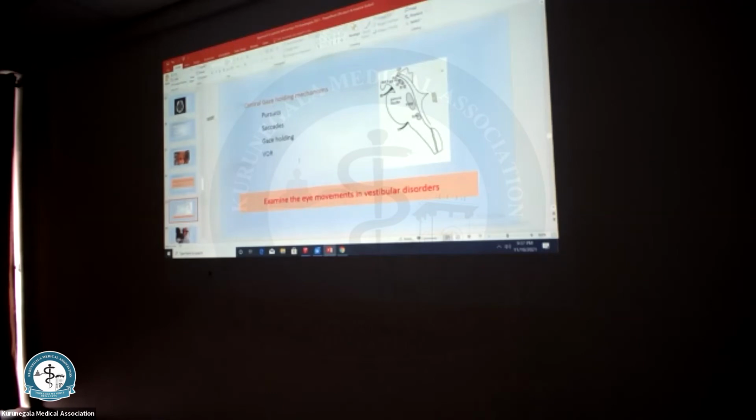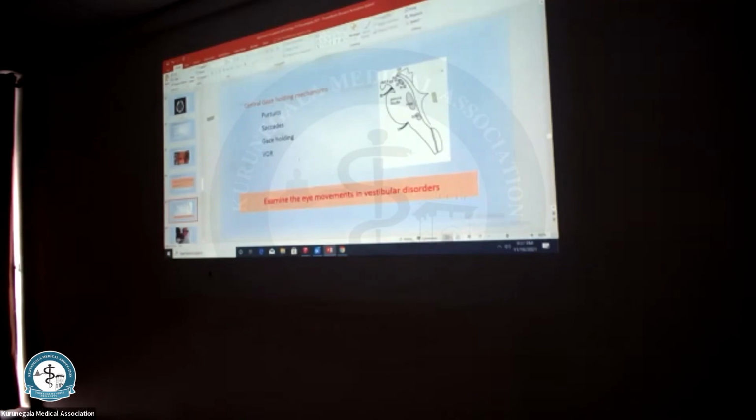So there are a lot of other brainstem centers that work on these other visual stabilizing methods. The brainstem is a small area. If there is a central problem, it is very likely that we will pick something up in the eye movements.